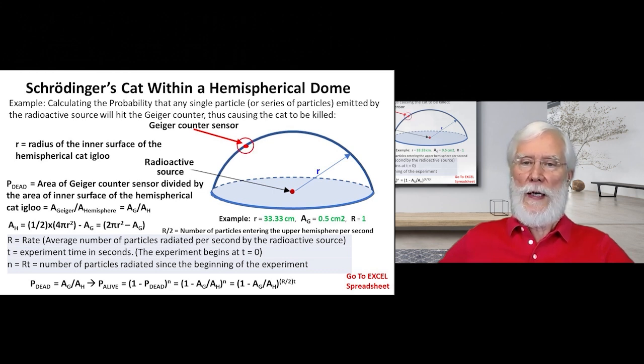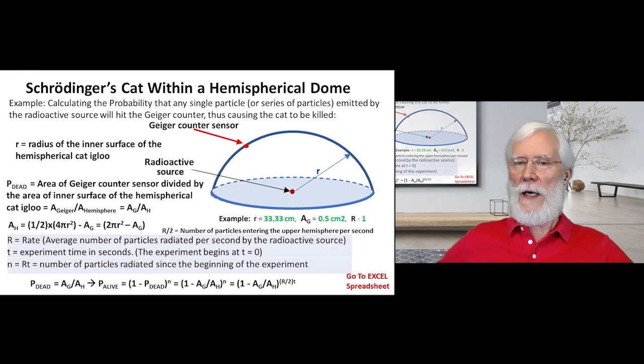Now, here, this other little red spot, that's the Geiger counter. That's a sensor. A Geiger counter is a thing that when one of these little particles that's been thrown off hits it, it creates a little electrical pulse, makes the Geiger counter buzz or makes a counter count. It can trip a switch. And in Schrödinger's very devious and dark mind, it released poison.